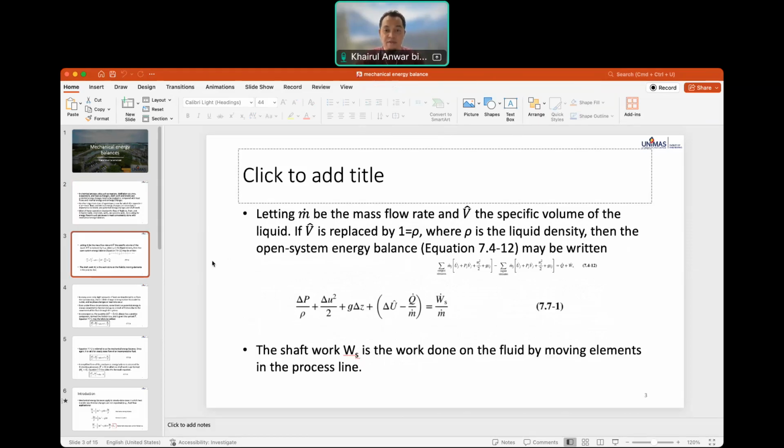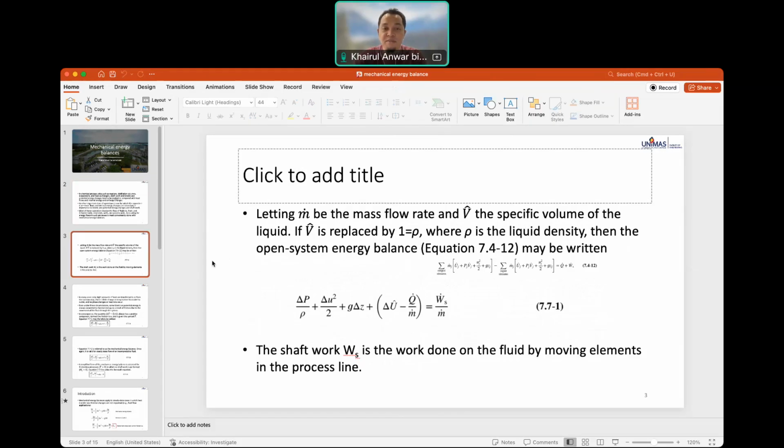To derive the equation, you start with equation 7.7-1. Letting m dot be the mass flow rate and V the specific volume of the liquid.